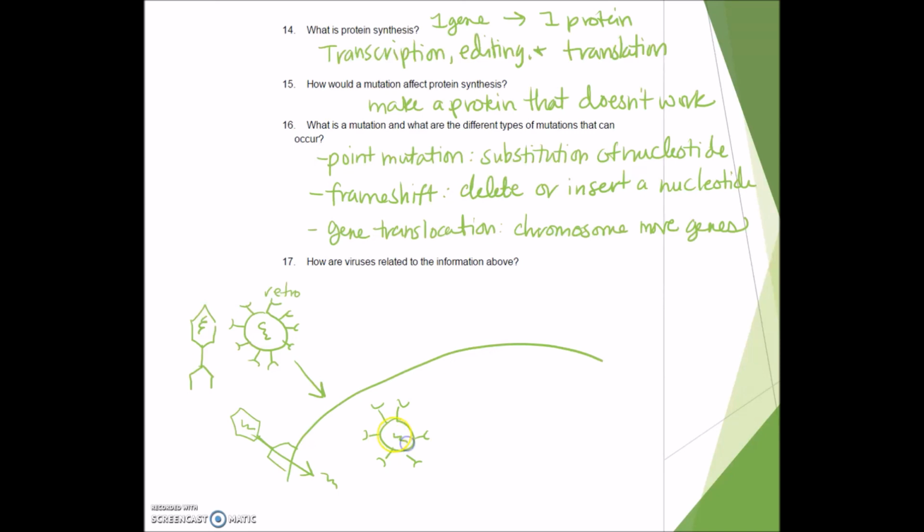And then that DNA goes into the nucleus, and it either can insert itself into your DNA and replicate to all of your cells. It can be just RNA and use your ribosomes. So it might just hijack your translation. It might hijack your transcription. Or it might hijack your DNA replication, your transcription, and your translation.